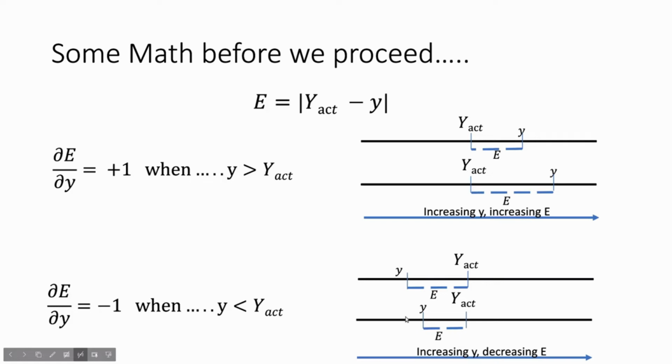You have increased y, which is moving towards the right, so it comes closer to y actual. We are not considering the sign here, it's the absolute value of the distance. So of course the distance is decreasing, and similarly the derivative here is -1. When you increase y, your loss function is decreasing. So when y is less than y actual, it is -1.